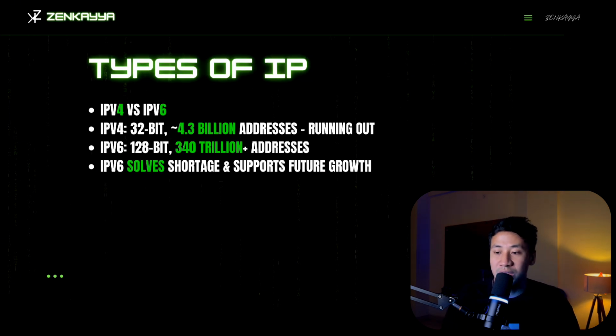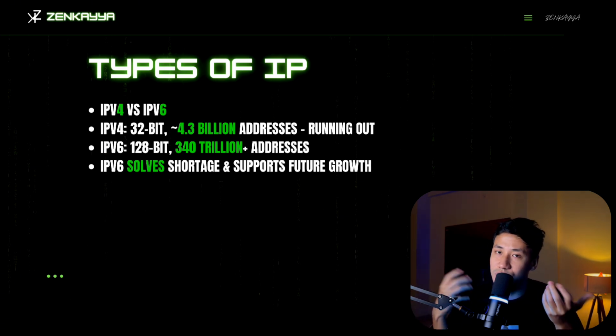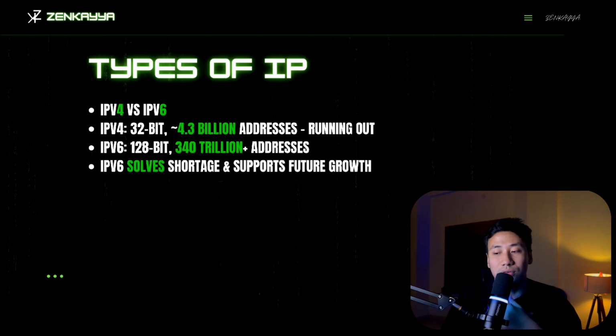Types of IP: IPv4 and IPv6. IPv4 consists of 32 bits, IPv6 consists of 128 bits. IPv4 can hold up to 4.3 billion addresses, and that is sort of running out. There are more than 5.5 billion active users on the internet, so it is running out of addresses.